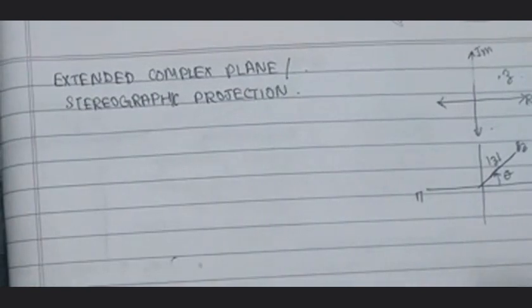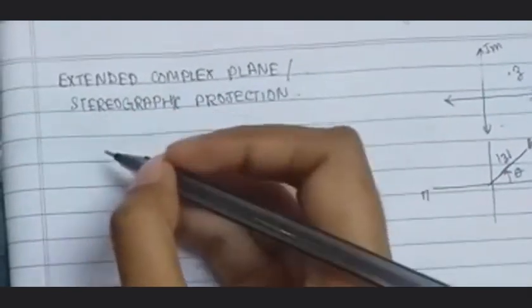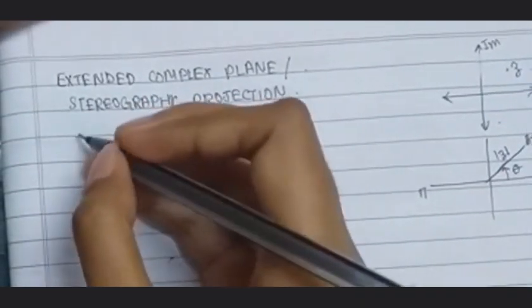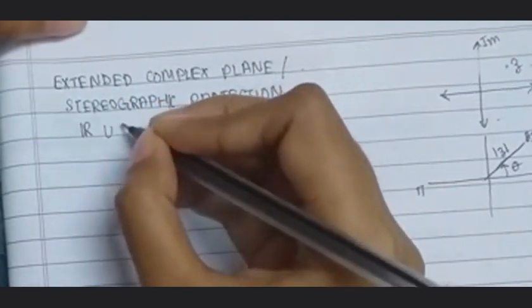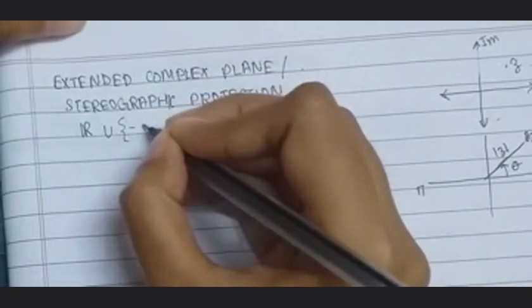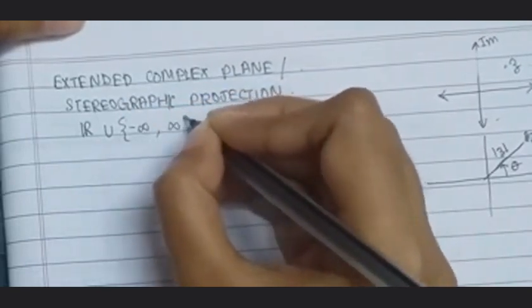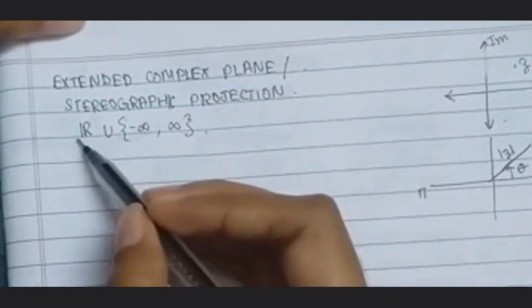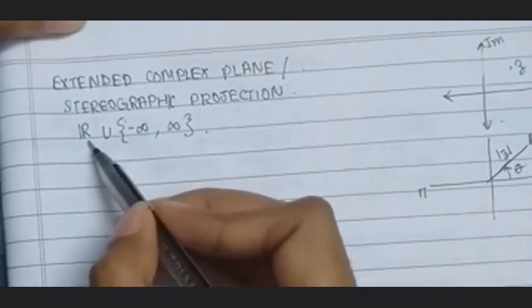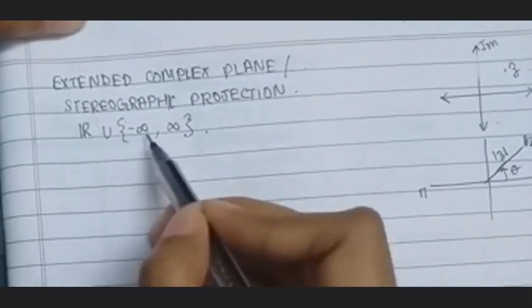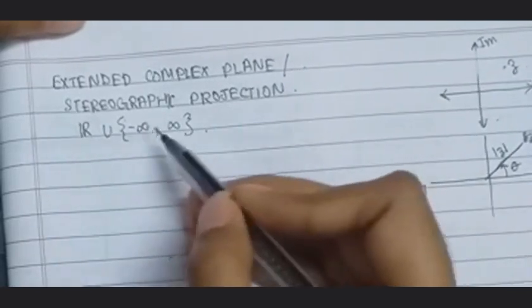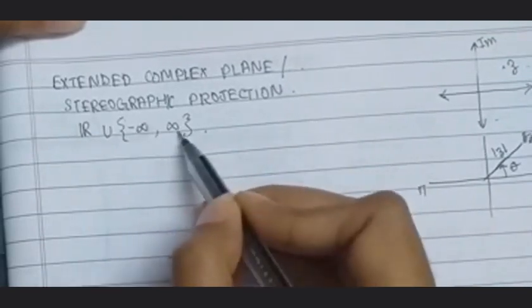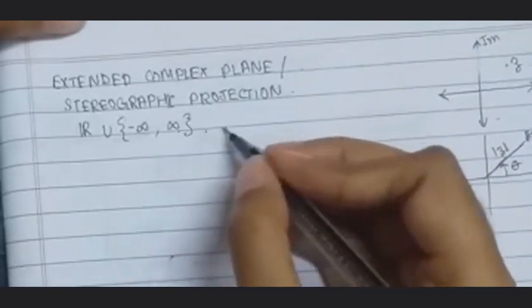Can we represent our complex plane as a compact set? The answer is yes. If you have heard about the extended real line, what is it? It's just the real line, and along with that we have negative infinity and positive infinity. We know the real line does not actually formally have a number called infinity, right? But if you add minus infinity and plus infinity to the real line, this becomes the extended real line.